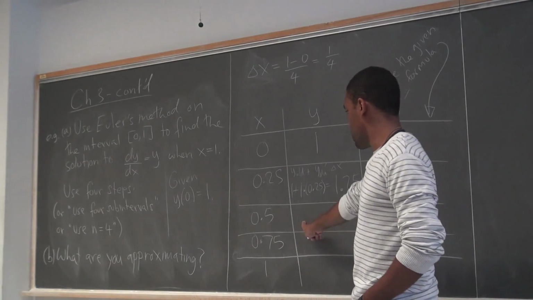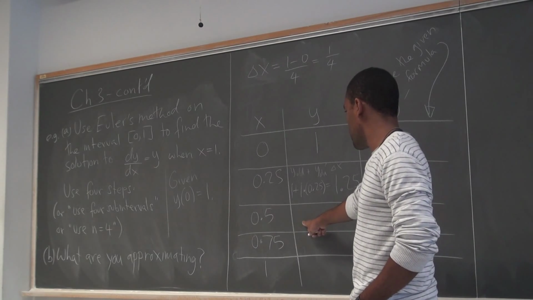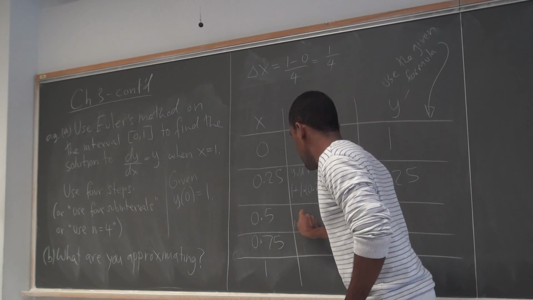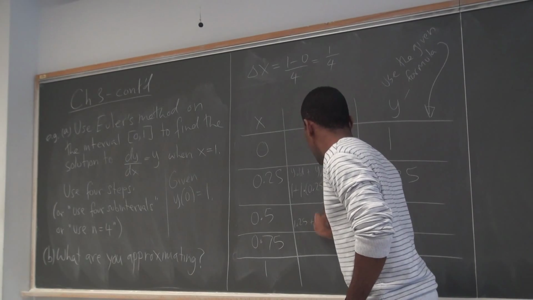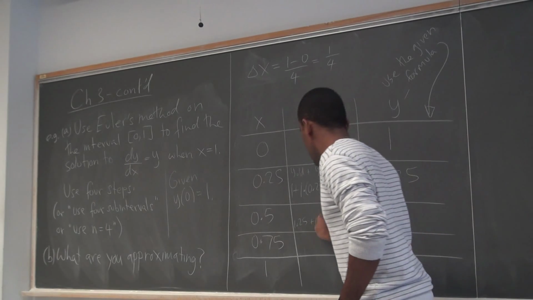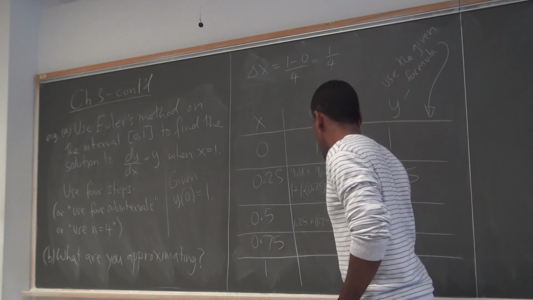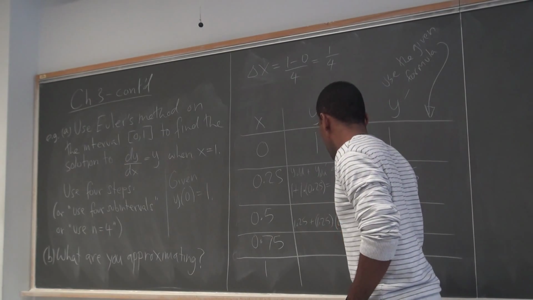So now, what's the old y value at this point? 1.25 plus the old y prime, another 1.25, times my delta x, which is 0.25.